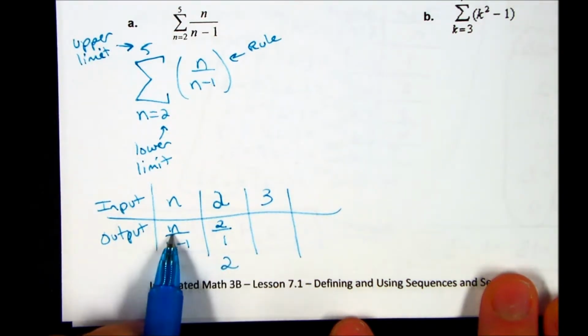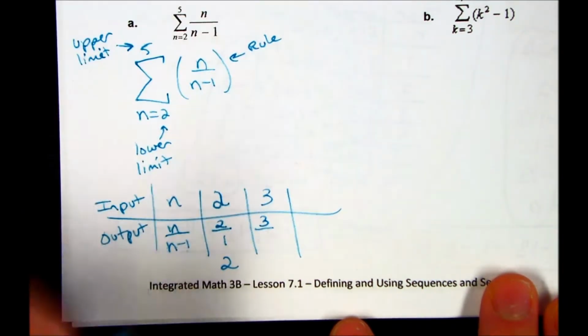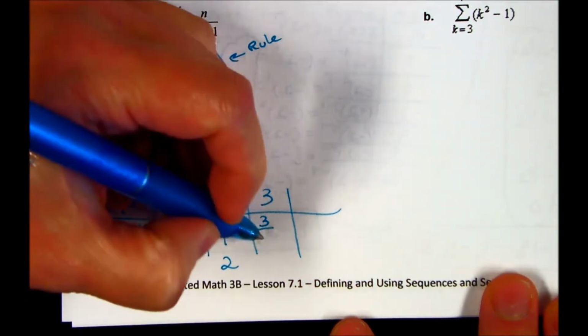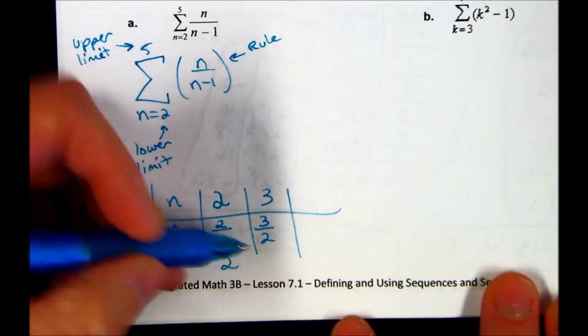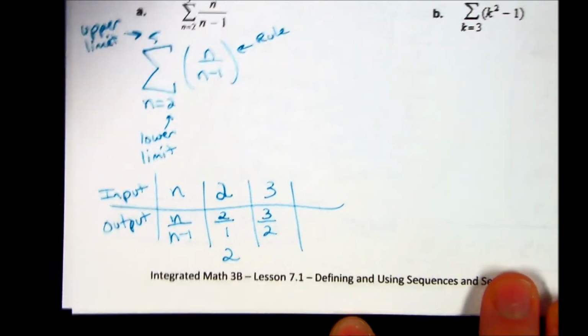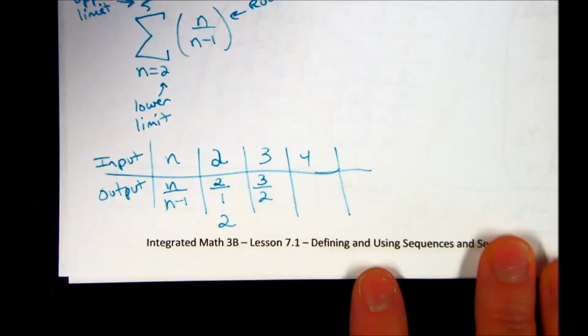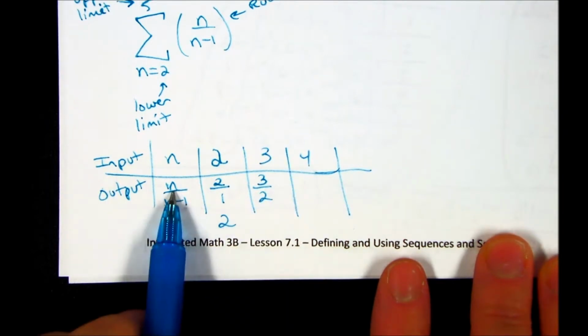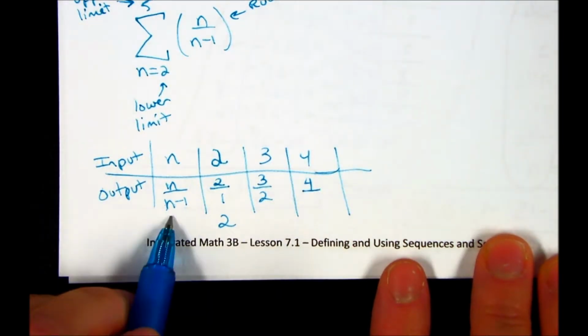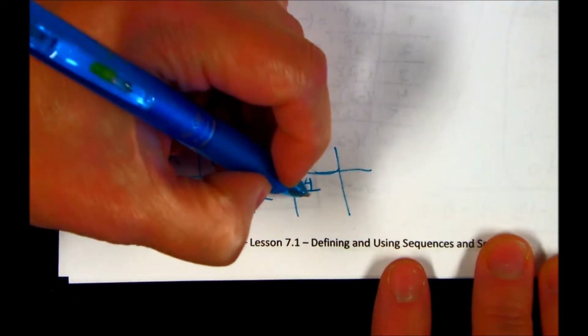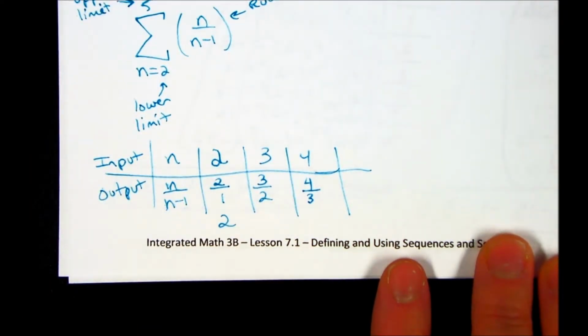If I substitute 3, the numerator is just 3. 3 minus 1 would be 2. And 3 halves can't be simplified, so I'm just going to leave it as 3 halves. 4 would be the next input. So if I put 4 in for n, I would have 4 in my numerator, and then 4 minus 1 would give me 3 in my denominator.